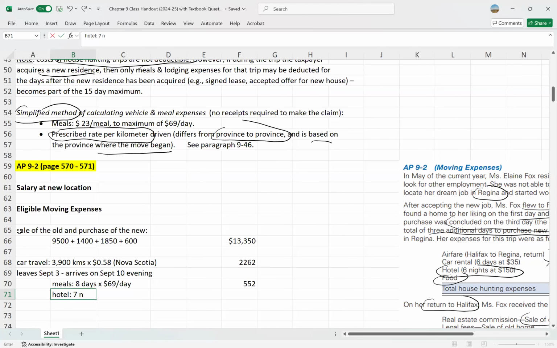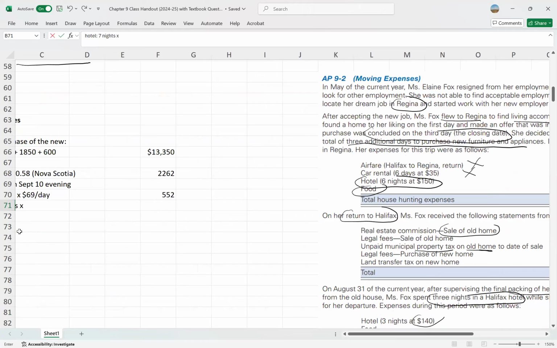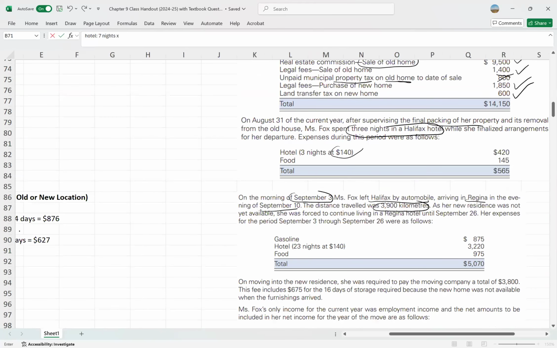So there's only going to be 7 nights of hotels. The hotel cost is $140 a night, and she's also staying in a hotel in Regina for a number of days after she arrived on the 10th, but let's just worry about the nights that she was traveling.